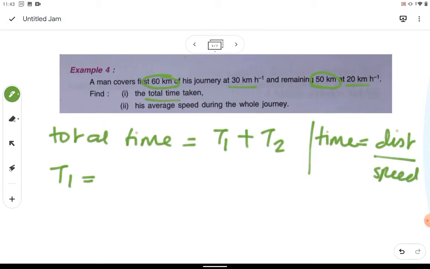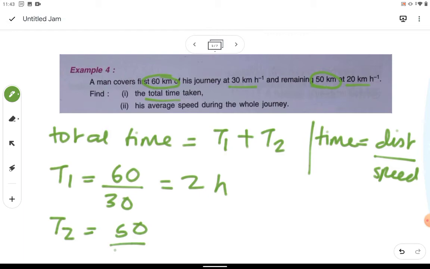So first time will be distance 60 by speed 30, 2 hours. Second time will be 50 by speed 20, 2.5 hours.